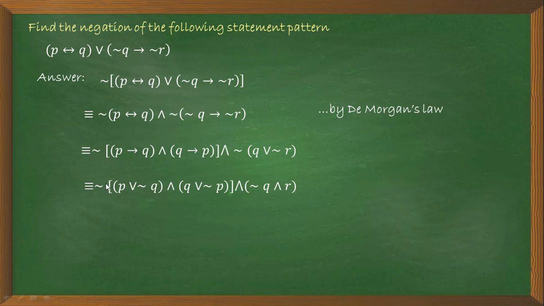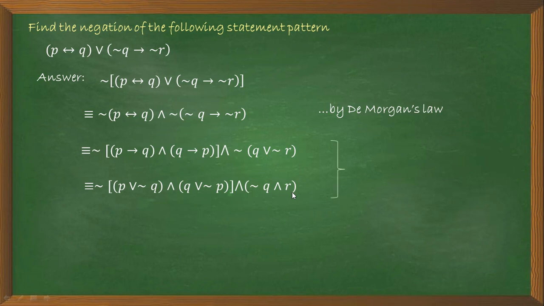So negation keep as it is, and in square bracket P implies Q means P or negation Q, and Q implies P means Q or negation P, then AND as it is, and here negation is operated on Q or negation R. So De Morgan's law is applicable, and hence we get negation Q and R.